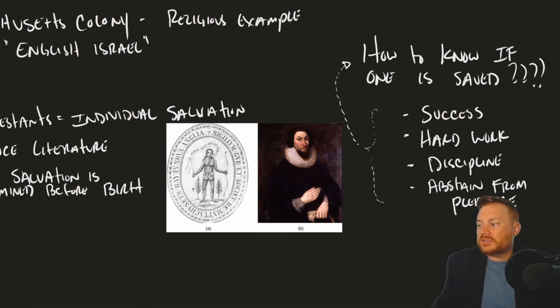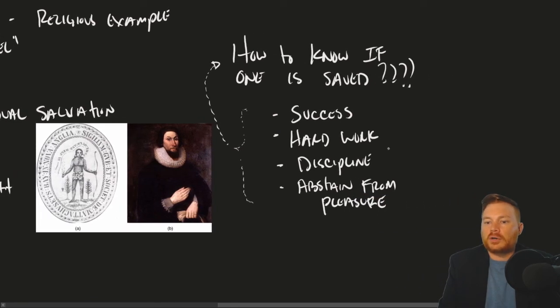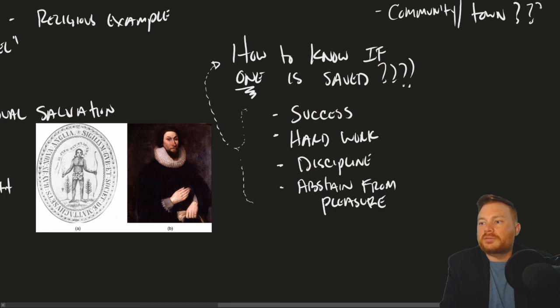However, the Puritan belief system also extended beyond individuals. We might say, not only how do we know if a person is saved, but by extension, we also might say community or town. How do we know if this experiment, the city upon a hill, is saved?